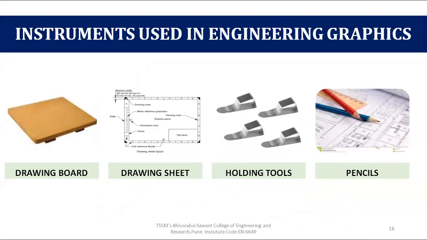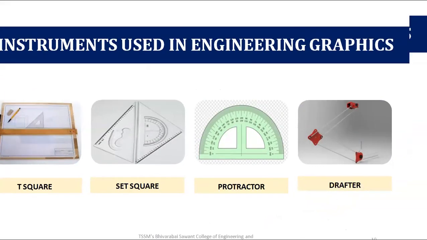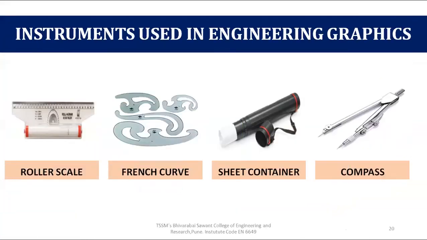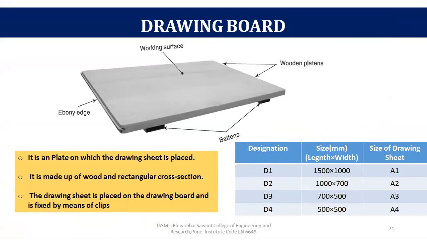The various instruments are drawing board, drawing sheet, holding tools, pencils, T-square, set square, protractor, drafter, roller scale, French curve, sheet container, and compass. Dear students, we will see all the instruments one by one.